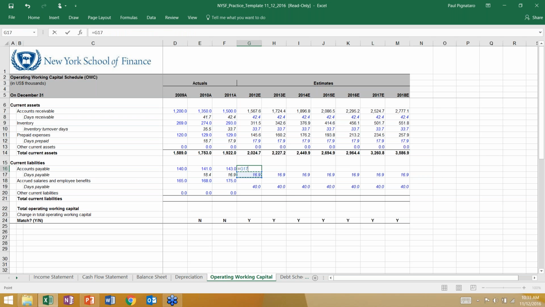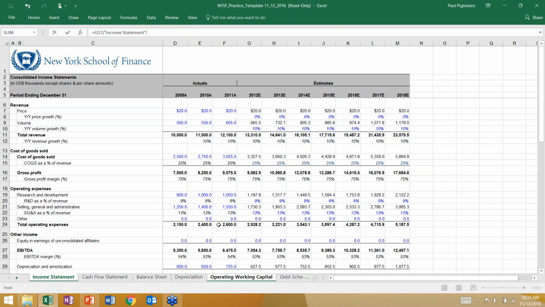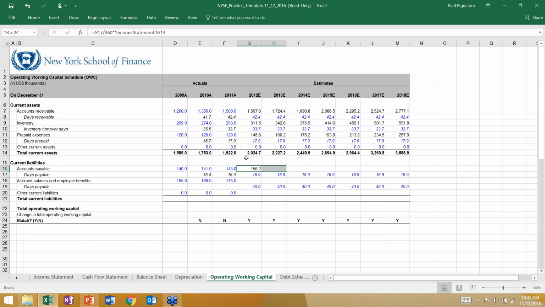So we're going to do 16.9 divided by 360 times cost of goods sold. Copy to the right.